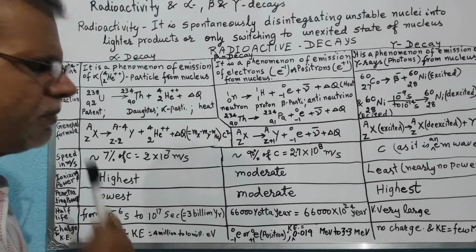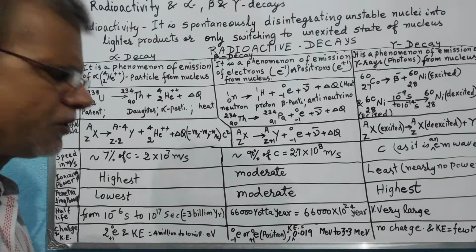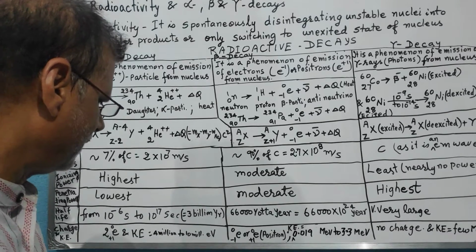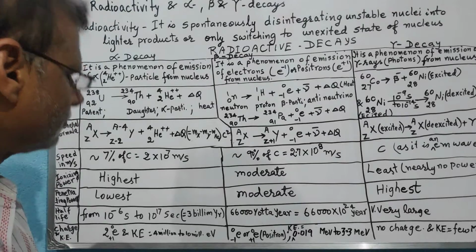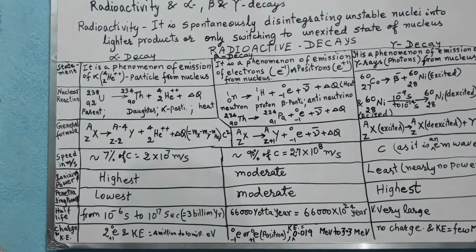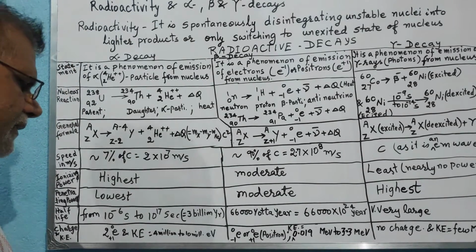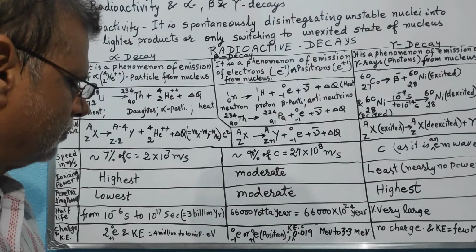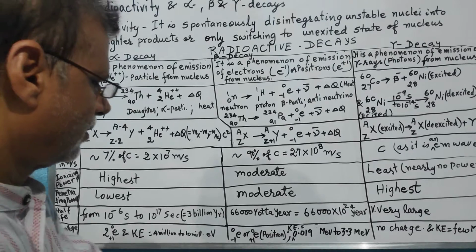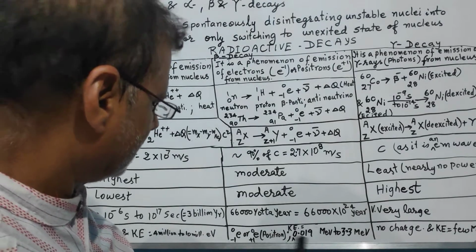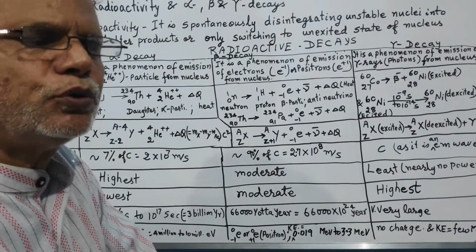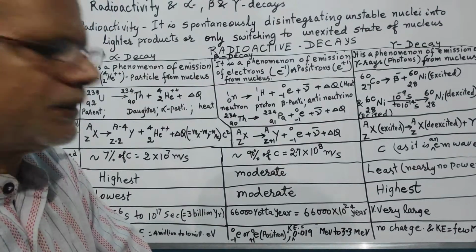The charge possessed by an alpha particle is twice the electronic charge. Its kinetic energy is about 4 million to 10 million electron volts. For a beta particle, the charge is either equal to 1 electronic charge or equal to the charge of a proton, that is positive charge. The kinetic energy of a beta particle is of the order of 0.019 MeV to 3.3 MeV.